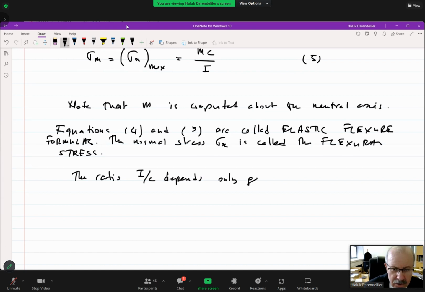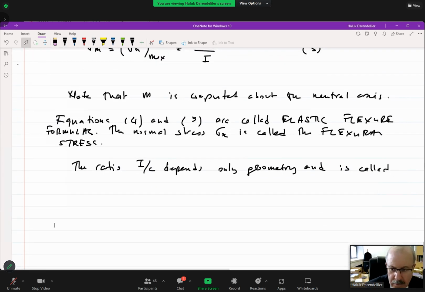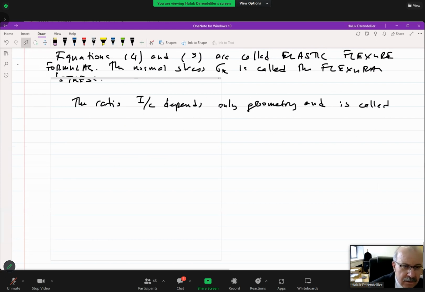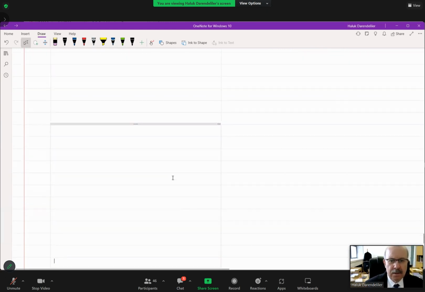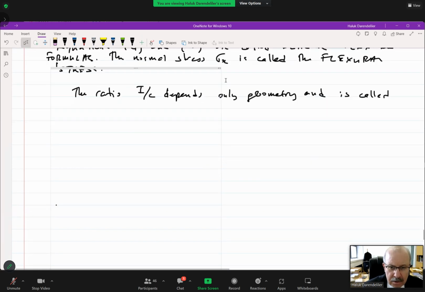It is called elastic section modulus. Okay. Just a minute. Wait a second, friends, something got in here. Okay. It's called elastic section modulus.